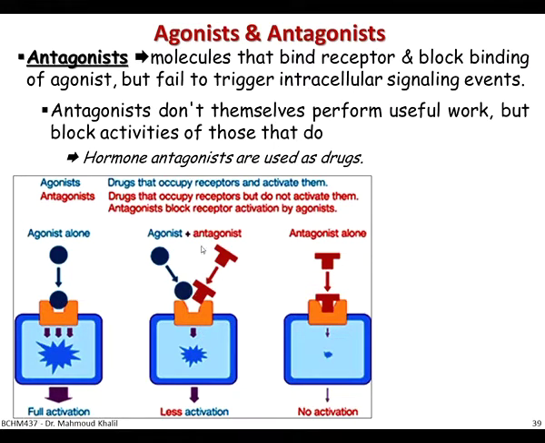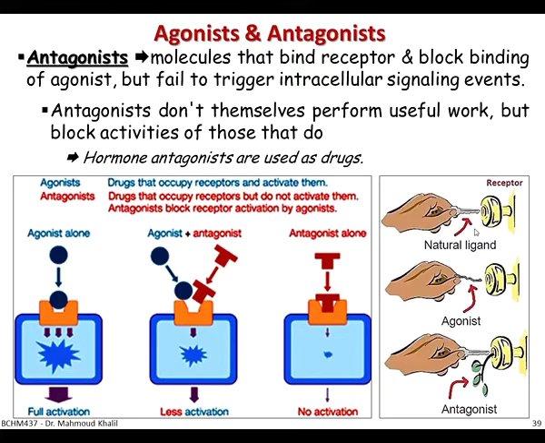Sometimes there is competition on the same receptor between the agonist and antagonist, and this competition leads to less activation. In the presence of antagonist alone, it will bind to the same receptor, and this will lead to no activation. So it's a mode of regulation of the response of the target cell.